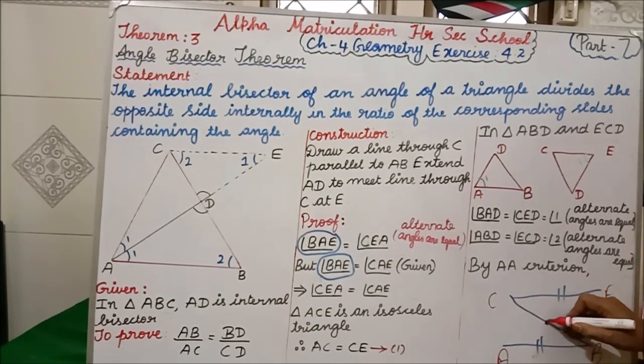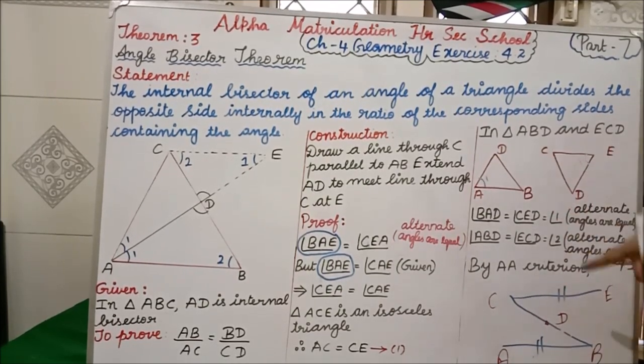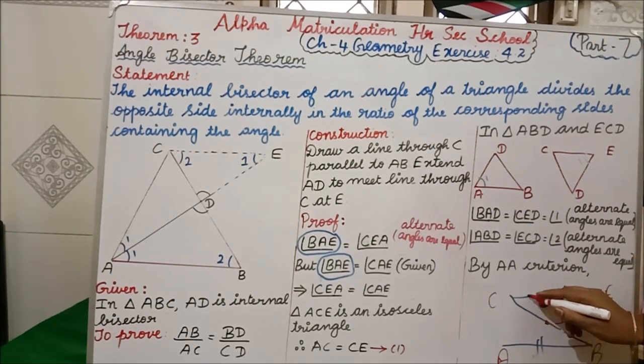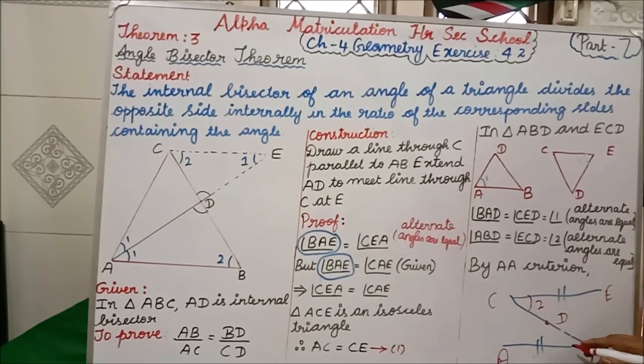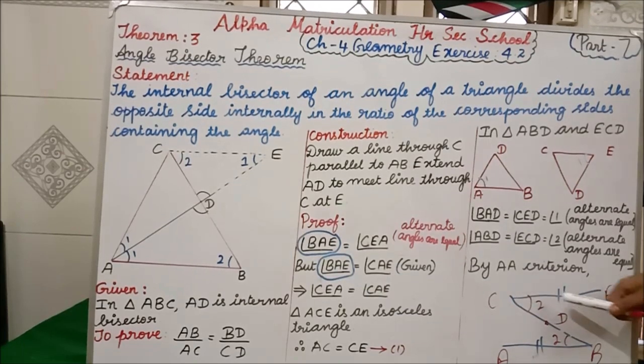In between, what point do we have in the diagram? We have D. Now I am saying that here the two angles are equal: angle C is angle 2. This is equal to angle 2 because angle B and angle C are alternate interior angles. Clear all of you? Now I can write BAD.